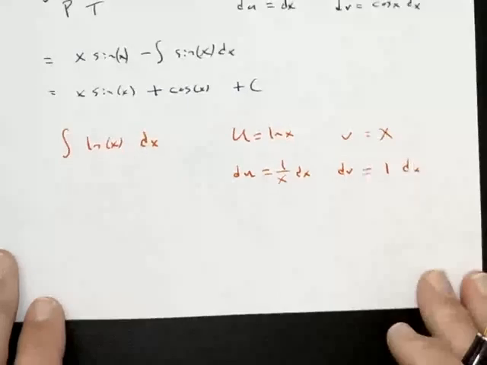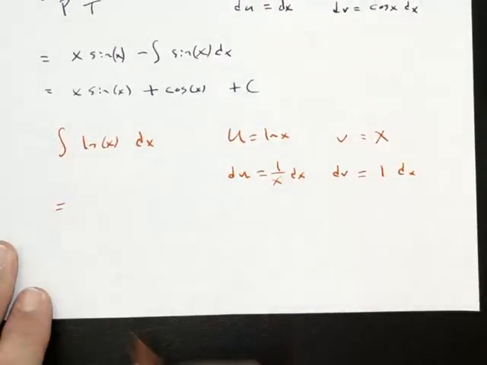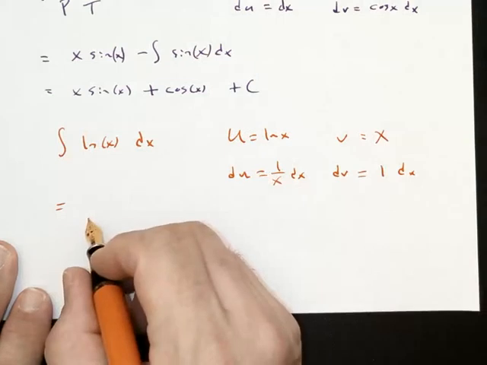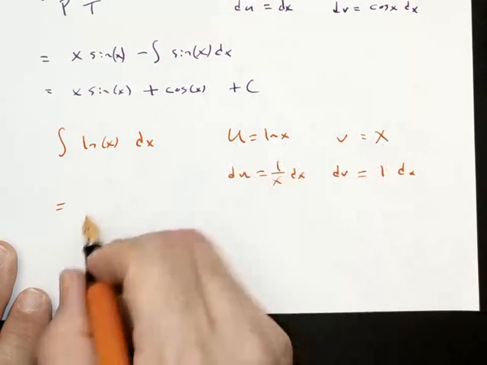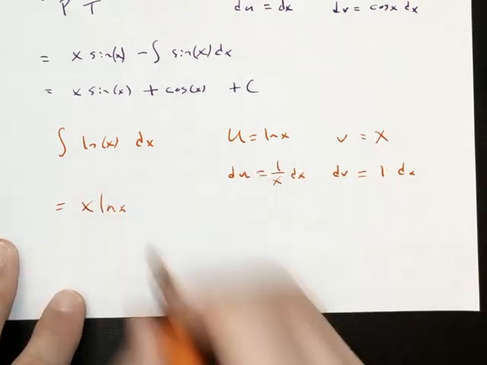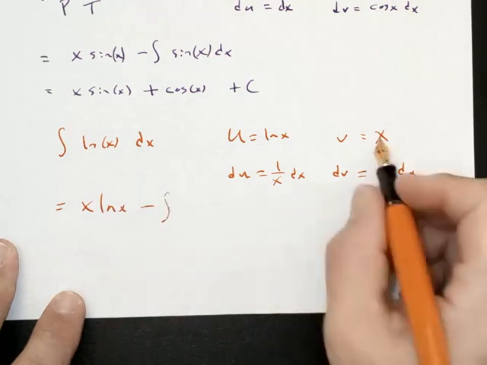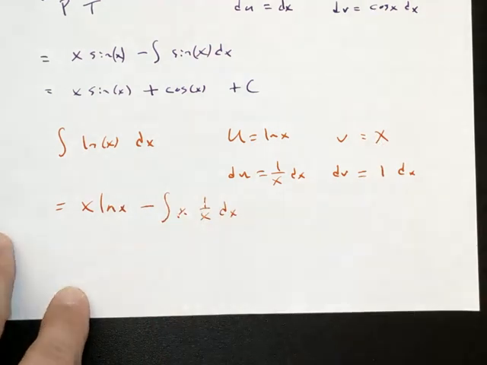Okay. Ultraviolet voodoo time. Write out the other side for me. This integral is equal to uv. Because of the ln of x, I tend to write other stuff in front of that. So I'm going to write x ln of x rather than ln of x times x, minus the integral of v du, x times 1 over x dx.